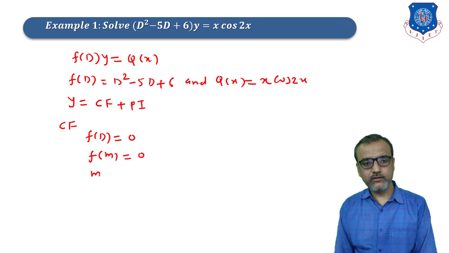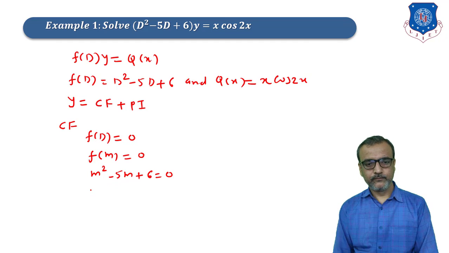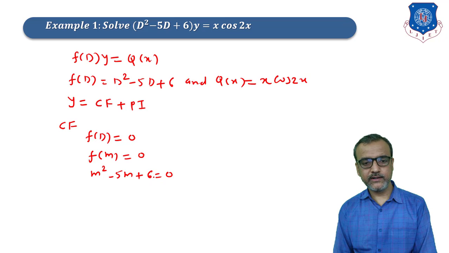So we have m square minus 5m plus 6 equals 0. Now we will factorize this equation. We will split the middle term minus 5m. We will find two numbers such that their product is 6 and their addition is 5, and those two numbers are 3 and 2.